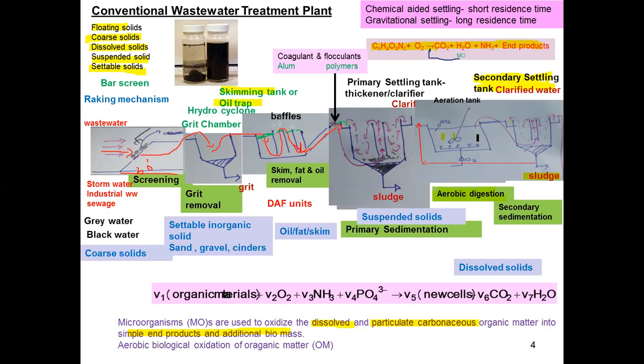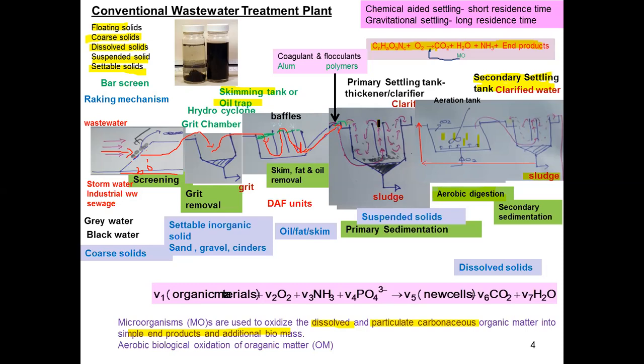Due to the aerobic digestion, the microorganism population increased, so they act as suspended solids. Then we have to remove those suspended solids, so we send it to the secondary sedimentation tank.